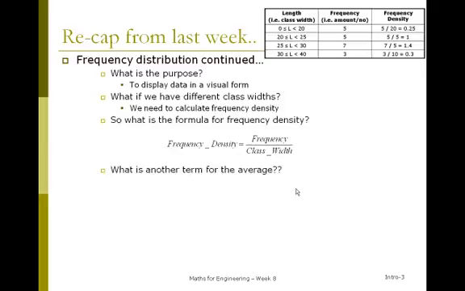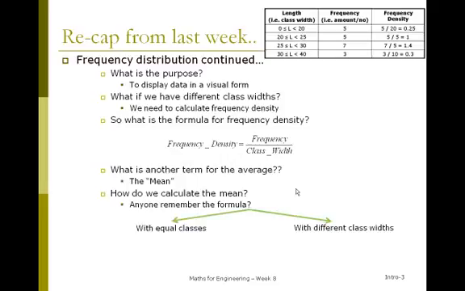So, can you remember what is another term for the average? Yes, it's the mean. And how do we go about calculating the mean? Does anybody remember the formula? There are two methods that we can use. One where we have equal class width, and another where we have different class widths, as we have in the table above.